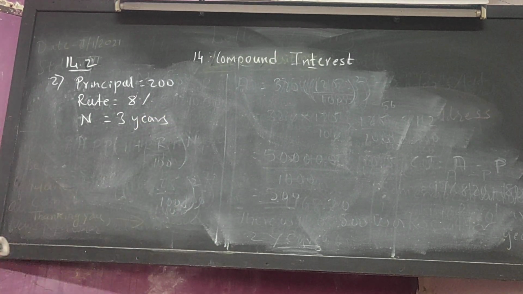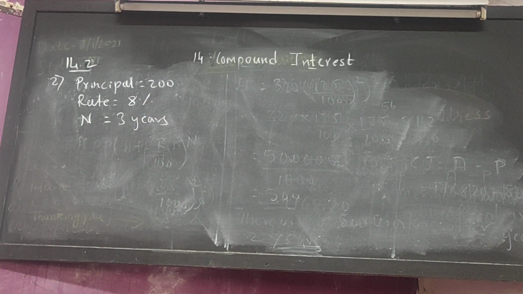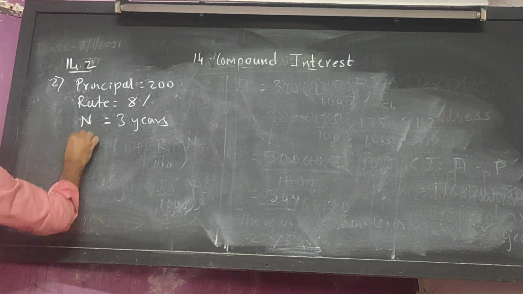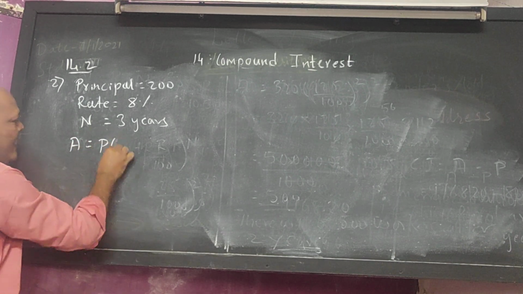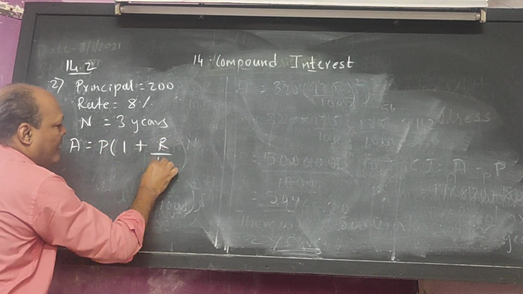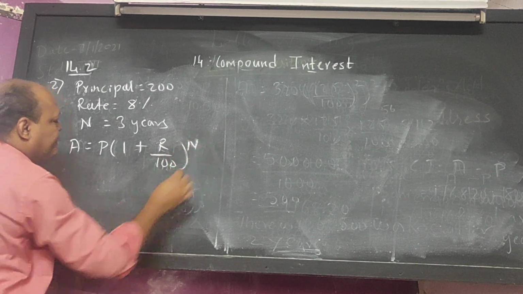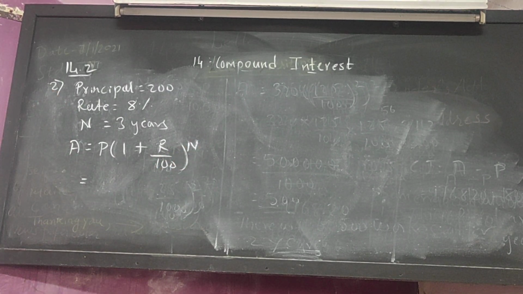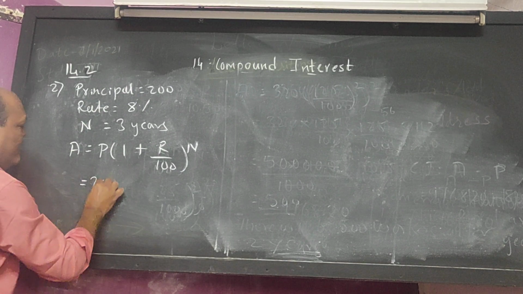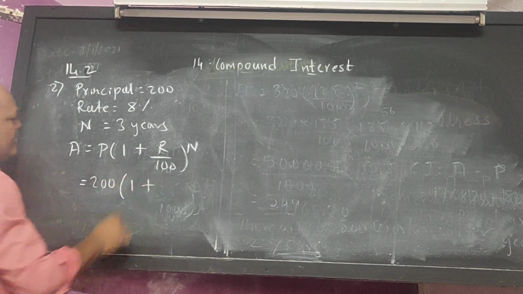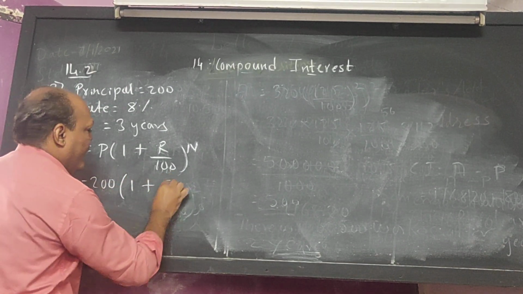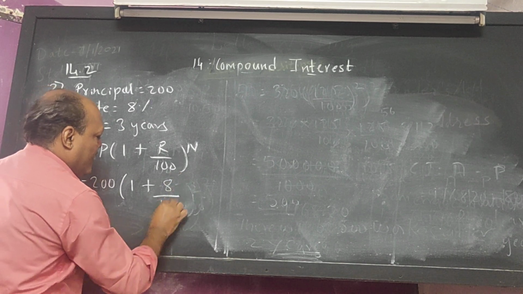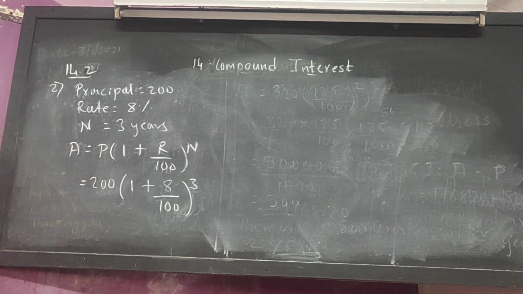We just have to find the number of ships after 3 years. So the amount is P bracket 1 plus R upon 100 bracket raised to N. Principal is 200, 1 plus 8 upon 100, and N is 3 years. I hope all of you understood it.